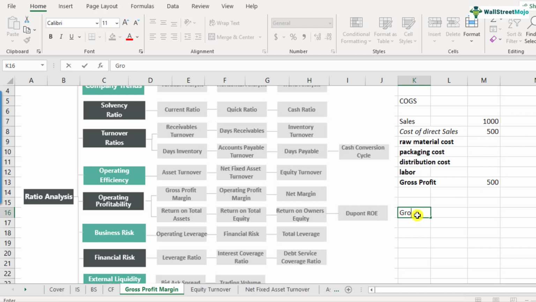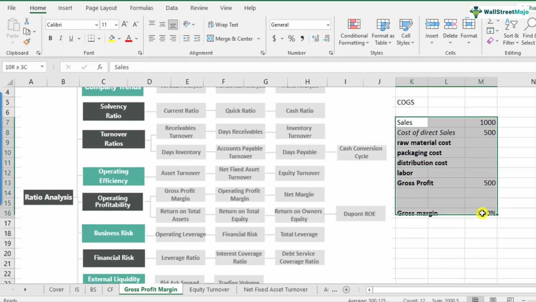So what do we have in terms of gross profit margin? That comes out to be 500 divided by 1,000, that is 0.5. When we convert this into percentages, we get gross profit margin as 50%. That's how gross profit margin is actually calculated, and its interpretations we'll look at in a moment.